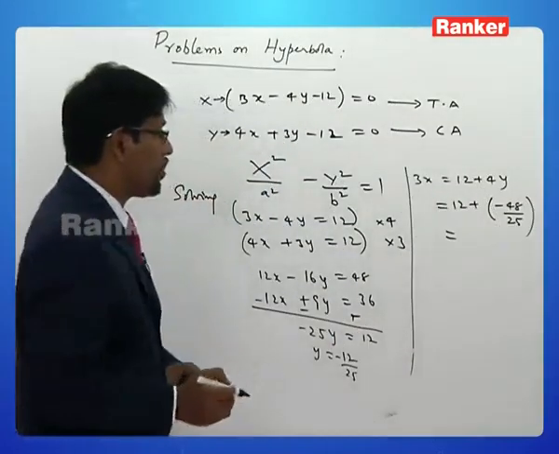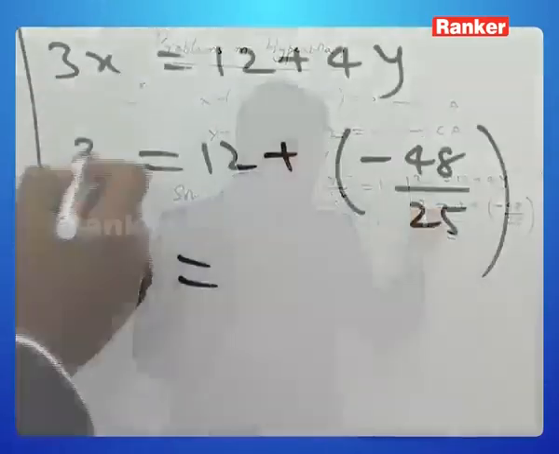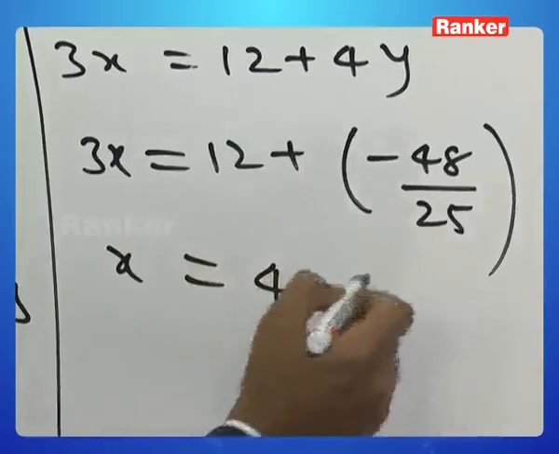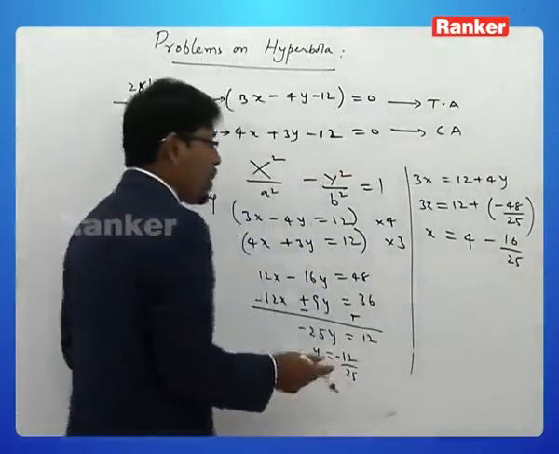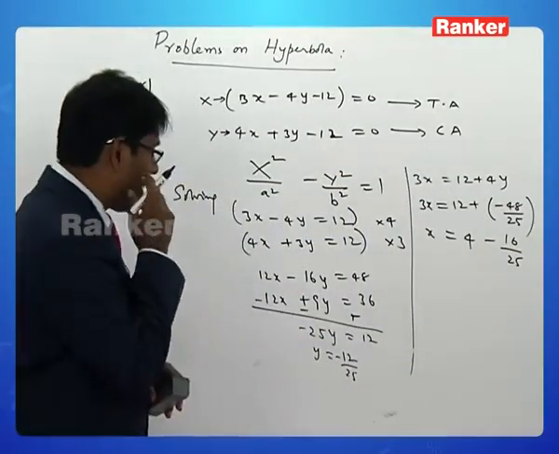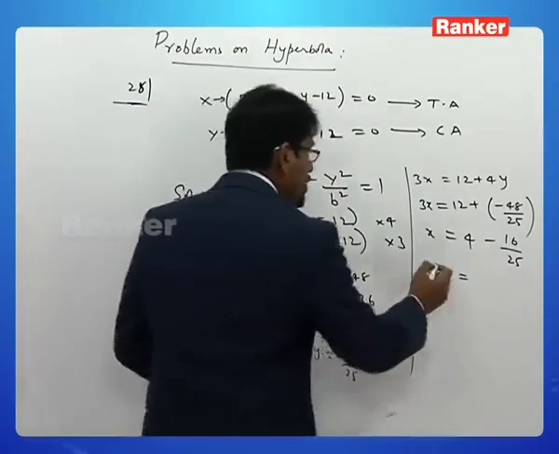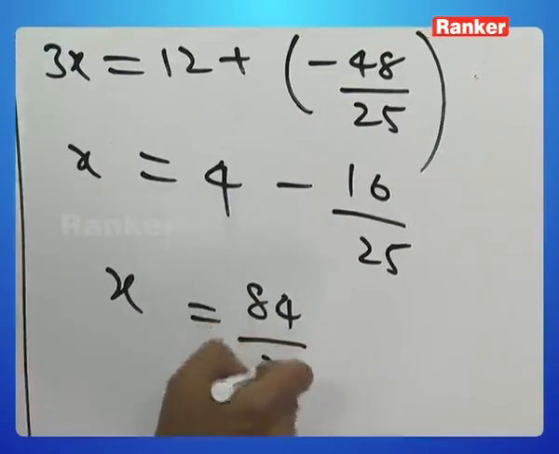Okay, so in fact we can cancel out 3 and we have x to be 4 minus 16 by 25. So that makes it x is equal to 100 minus 16, that is 84 by 25.